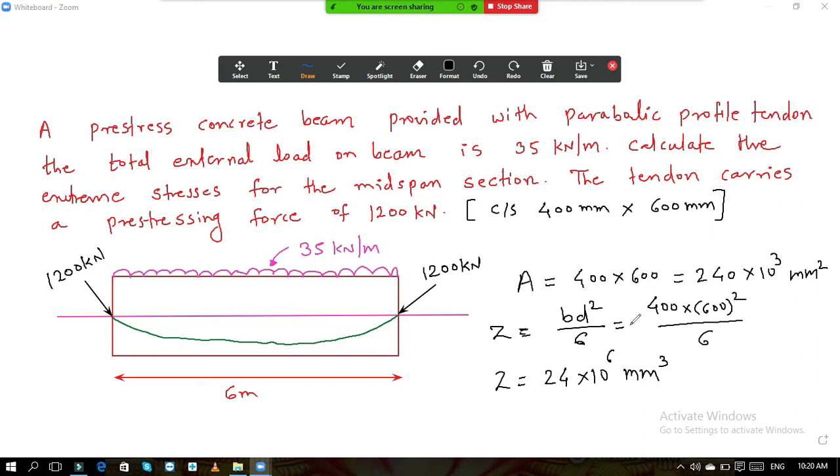Then eccentricity is also given in the problem. I forgot to show it here. The eccentricity is given as 100 mm. Now we know the downward load. We consider this as our live load, as it is external load, and dead load is the self weight of the beam. This load, 35 kilonewton per meter, is already known to us.